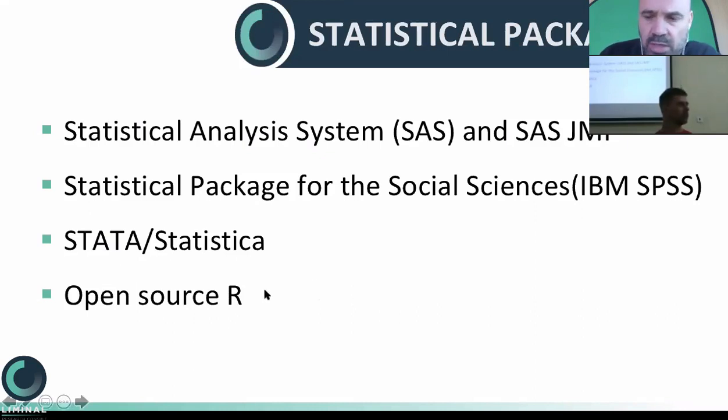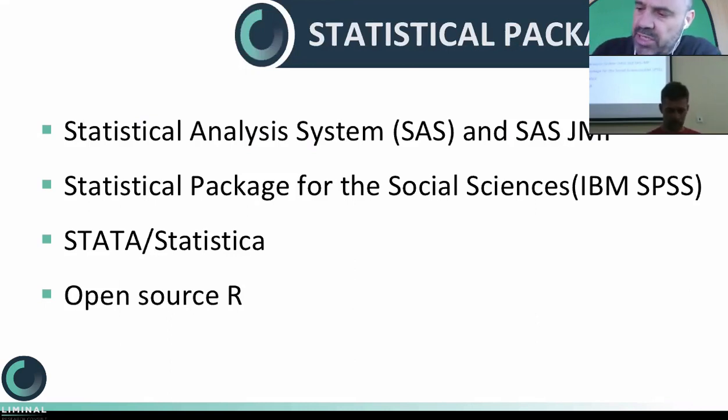And you know about R. Smart PLS. Smart PLS is not structural equation modeling, it's partial least squares, but it's linked to structural equation modeling. So it's a package specifically for that.